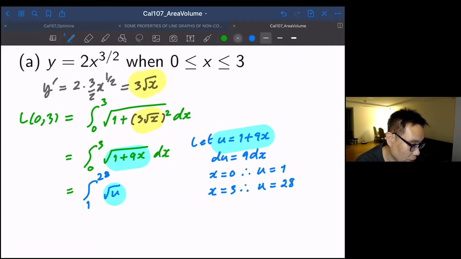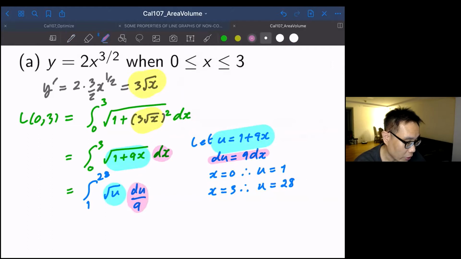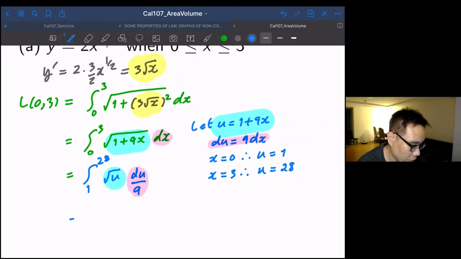So du is 9 dx. So you're going to get dx equal to what? Equal to du over 9. Okay, so it turned out to be du over 9 for dx. So in this case, you're going to just integrate u to the 3/2.